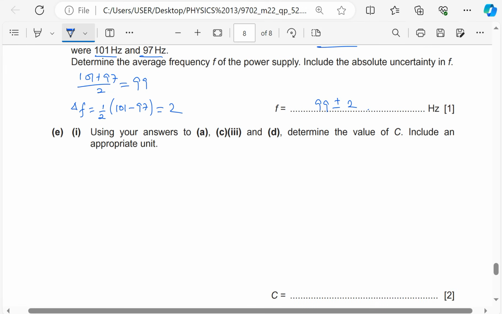Using your answers to A, C, Roman 3, and D, determine the value of C, include an appropriate uncertainty. So we saw earlier on that the gradient was 1 over 2 pi fc.